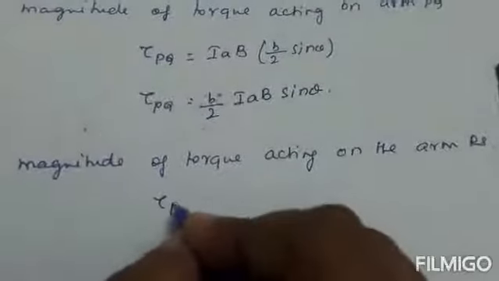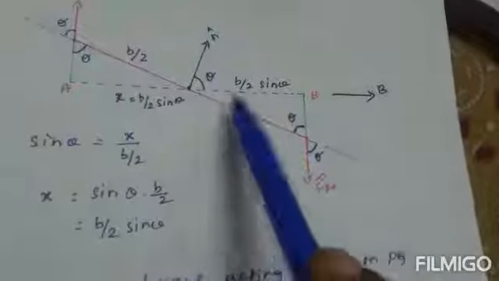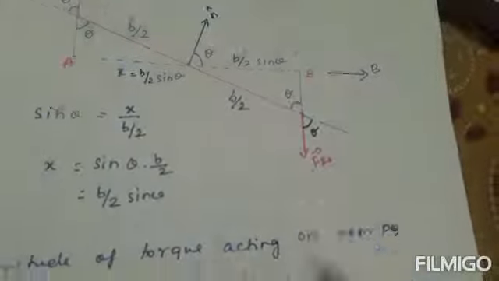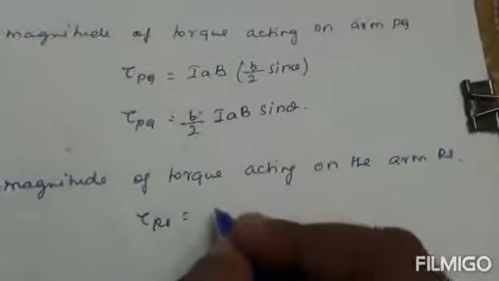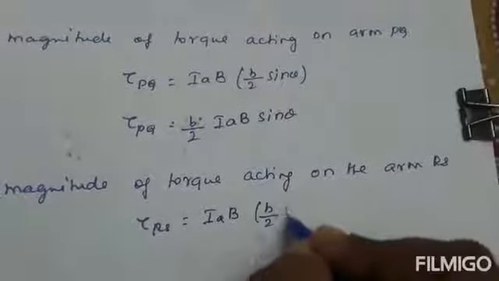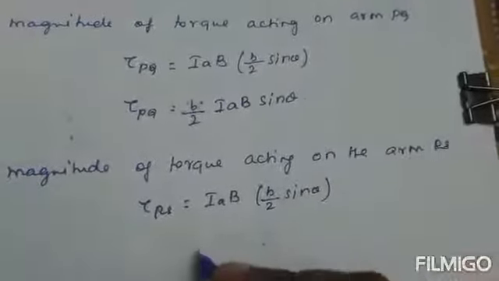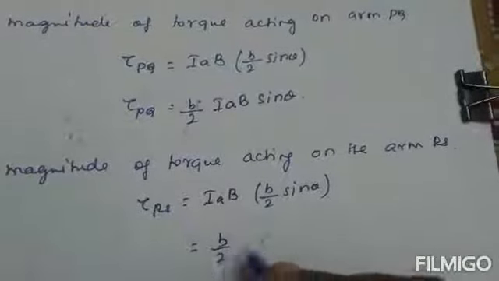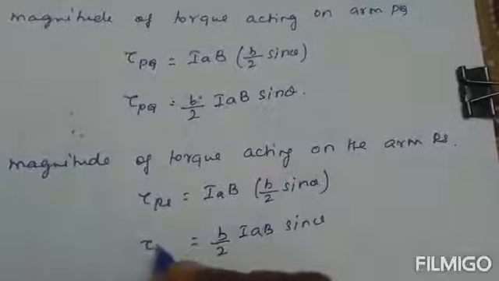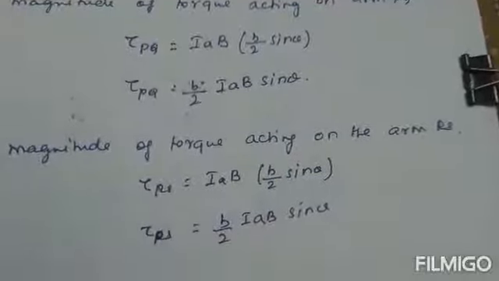Tau RS is equal to force into perpendicular distance. Here the perpendicular length is b by 2, and the force is again IAB. So tau RS is b by 2 IAB sine theta.